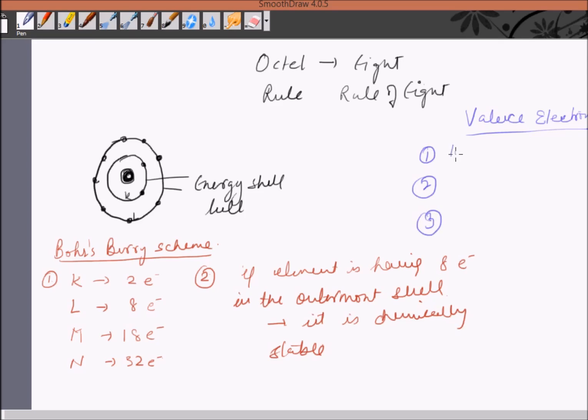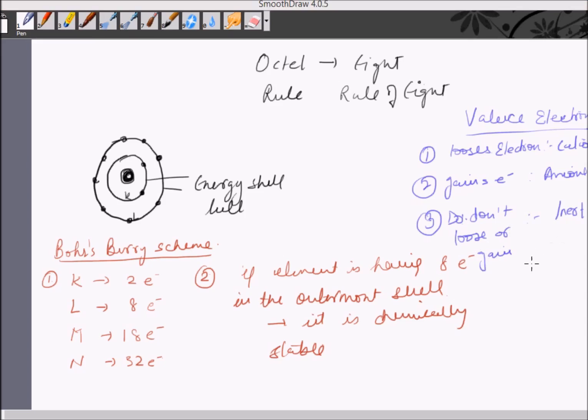One which loses electrons, we call it cations. One which gains electrons, we call it anions. And one which does not react, that is, does not lose or gain electrons, is called inert, right?